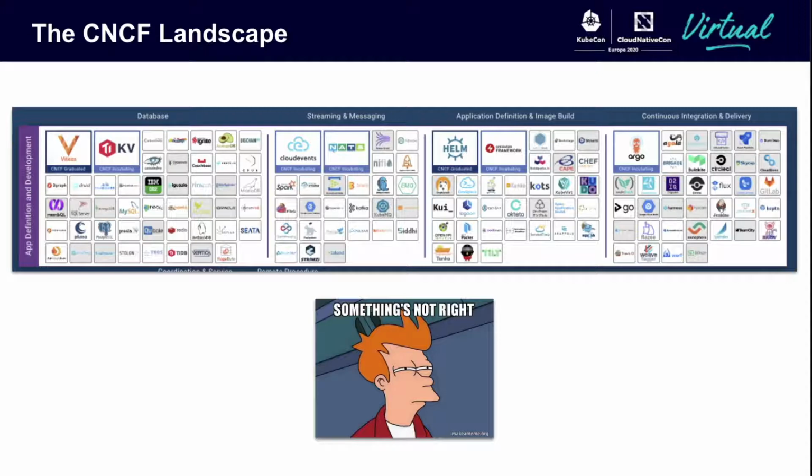Why are they part of application definition and deployment? The second section I saw is a bunch of software with names of streaming and messaging. It's also very weird indeed.